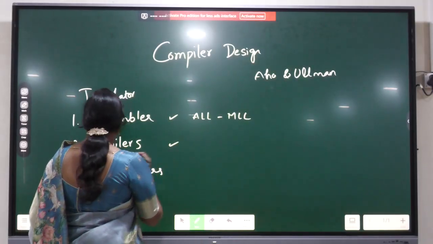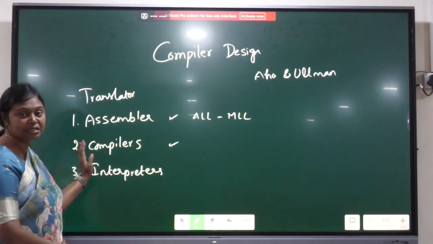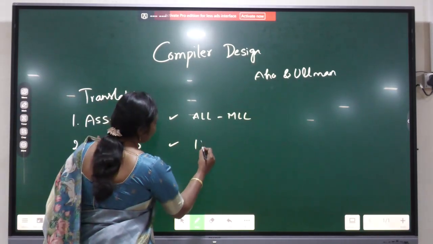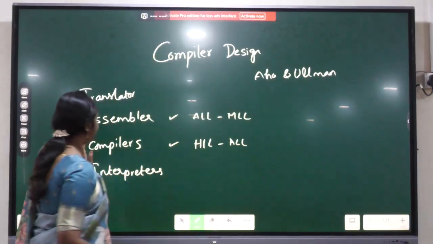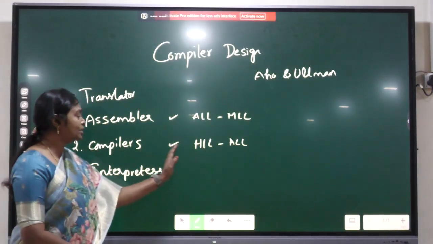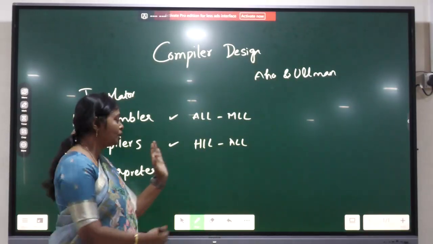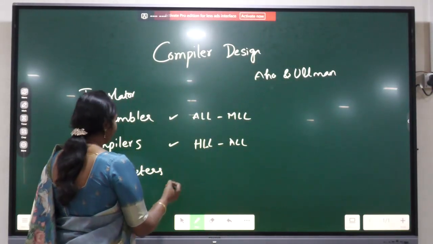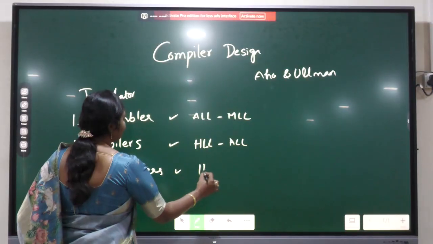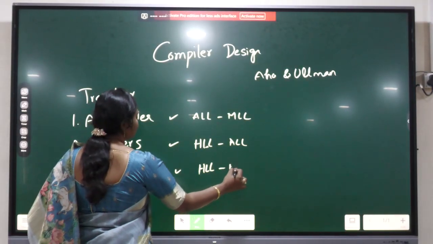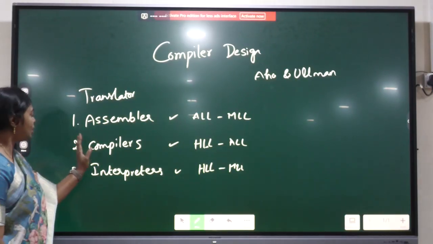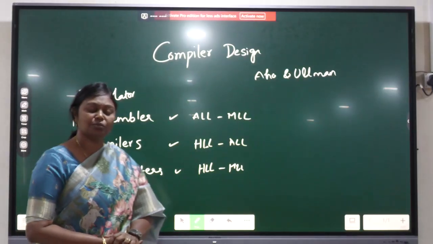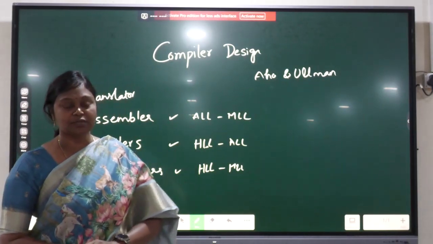And then compilers will convert high level programming language to assembly level programming language, and the interpreter will convert high level programming language to machine level programming language. Okay, so almost compilers and interpreters both will convert high level programming language programs.